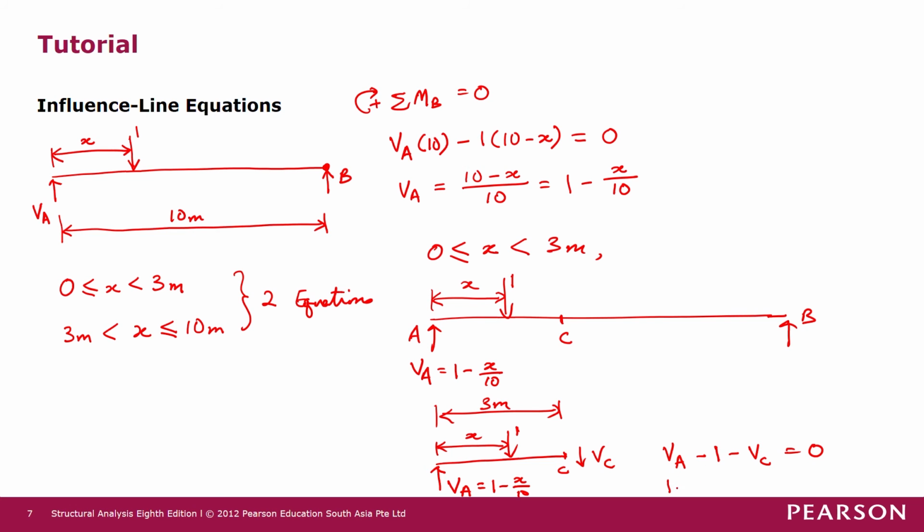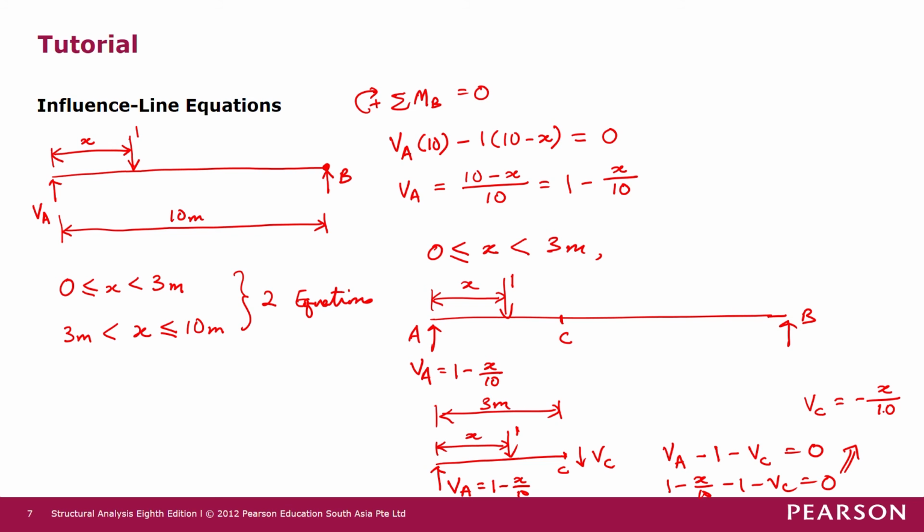So 1 minus x over 10 minus 1 minus VC equals 0. So in this case, VC equals minus x over 10, isn't it? From here, we get VC equals minus x over 10.